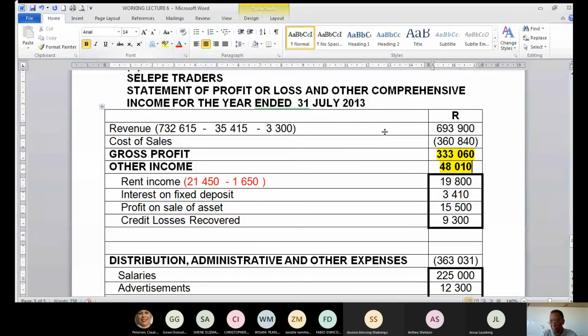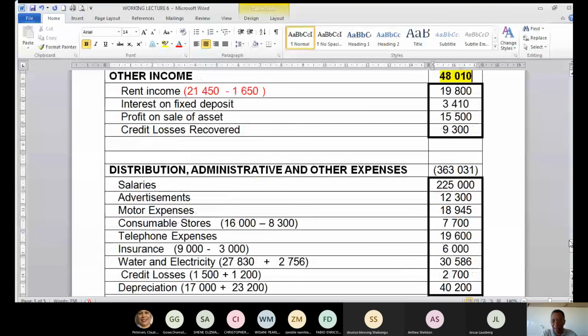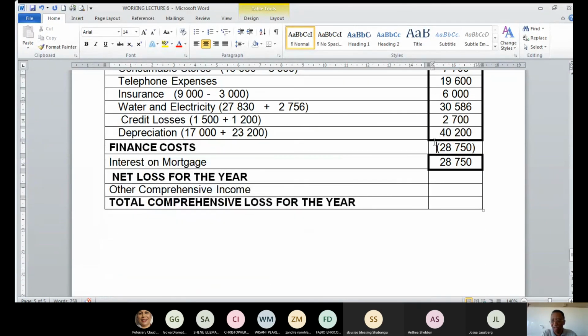Subtract your distribution, administrative and other expenses of 363,031. You subtract your finance cost of 28,750, and you will come up with an answer, and that answer is a minus 10,711. Put that amount in brackets.